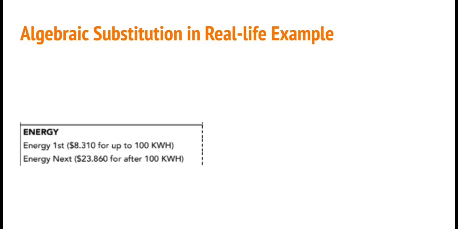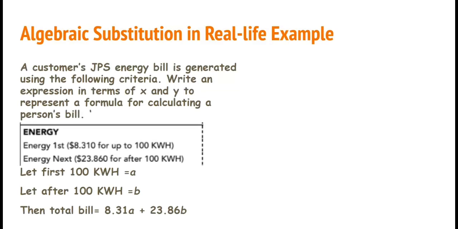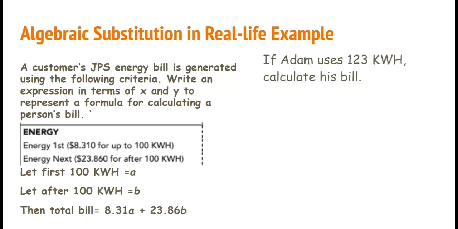Let's look at a real-life application problem. A customer's JPS bill is generated as such, where the first 100 kilowatts is calculated at $8.31, and for all the others after 100 it's calculated at $23.86.